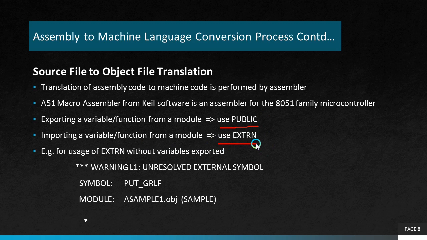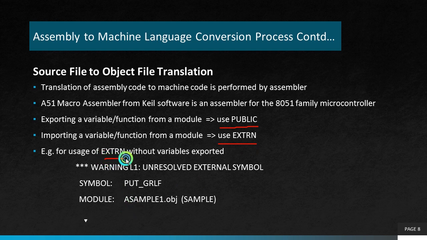There are two cases in which usage of extern and public cause link errors. Let's understand it with examples. First case, declaring variables or functions as extern without those variables being exported.